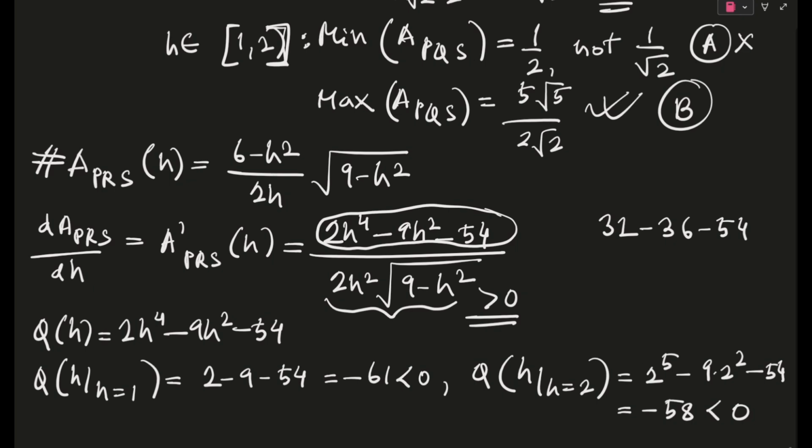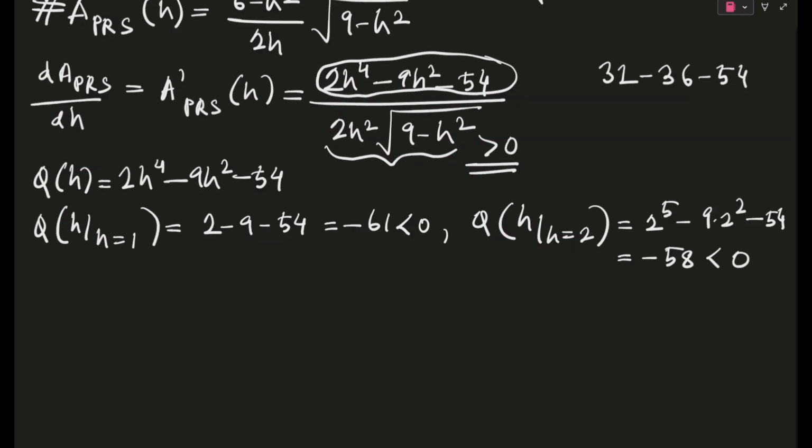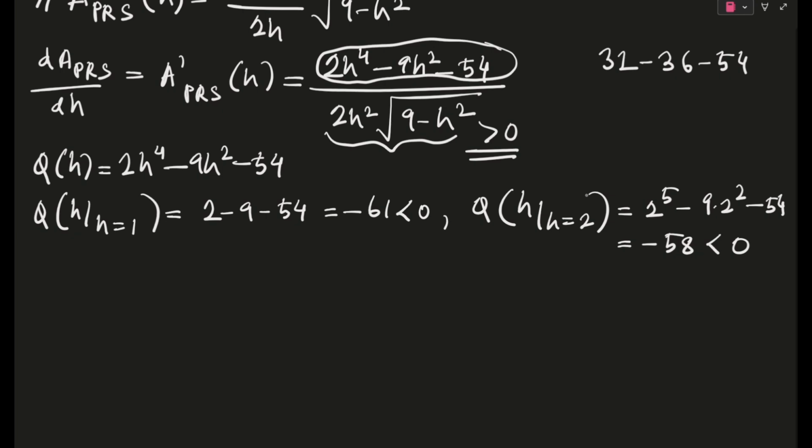And in between this interval, because the extrema values, both of them are negative, obviously all the values in between will also be negative, which means A dash PRS as a function of h is less than 0 for h belonging to the closed interval 1 to 2.